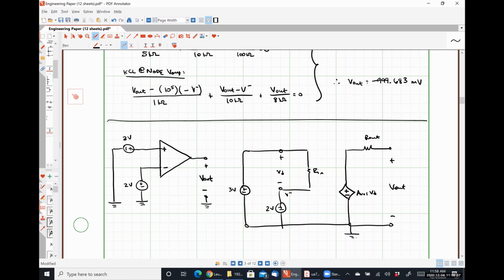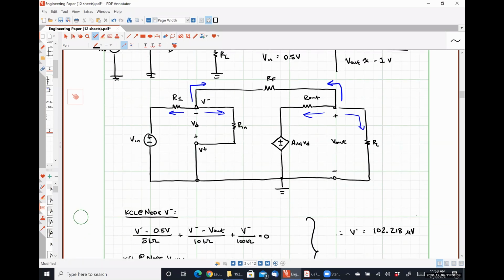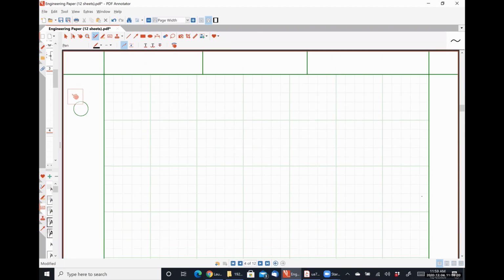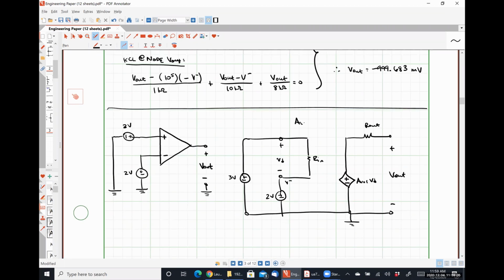Is that what we used? Yeah, AVOL is 10 to the 5. So if our open loop voltage gain is 10 to the 5, then what is our output voltage?